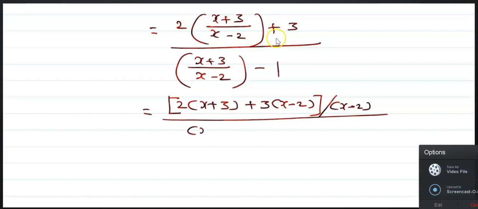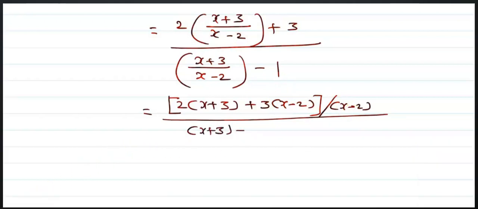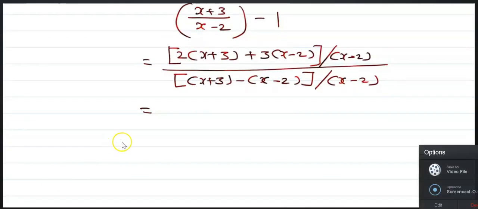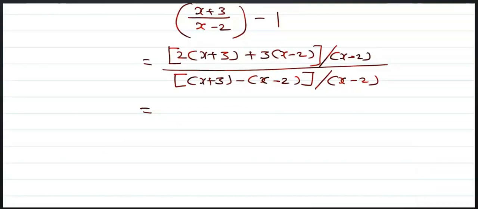In the numerator, x minus 2 into 3, that is x minus 2 into 3 divided by x minus 2. And in the denominator, x plus 3 minus 2 in bracket x minus 2, whole divided by x minus 2. Therefore, these get cancelled.